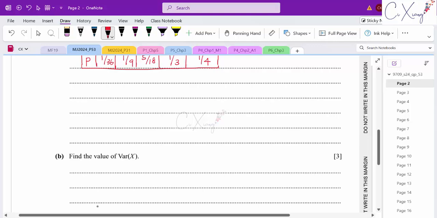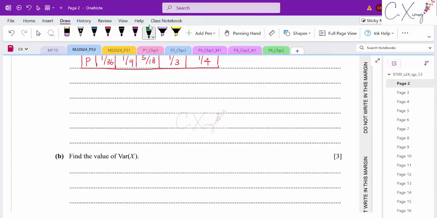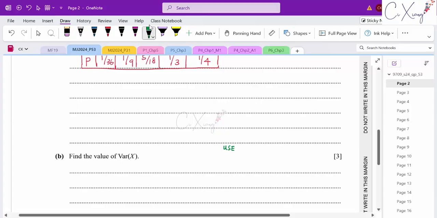Okay, so for part B, they want you to find the value of variance of x. To find the value of variance of x, I need to get a few different things first. The first one, I need to use E(x) first. E(x) means the summation of x multiplied with p.